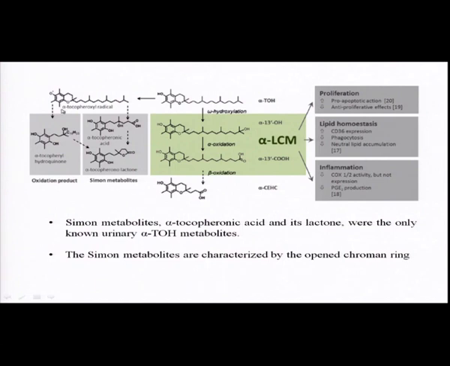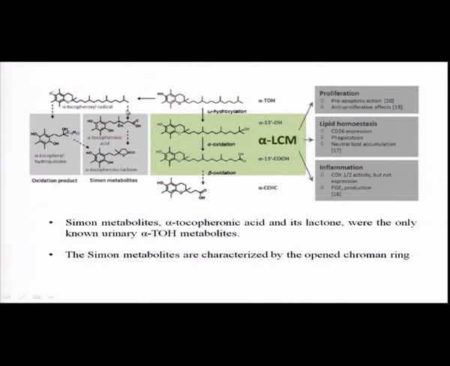Here the alpha tocopheryl radical either could take the route of alpha tocopheryl hydroquinone, which eventually gets converted to alpha tocopheronolactone. The alpha tocopheryl radical is also metabolized further to give rise to alpha tocopheronic acid. So you have alpha tocopheronic acid and alpha tocopheronolactone.